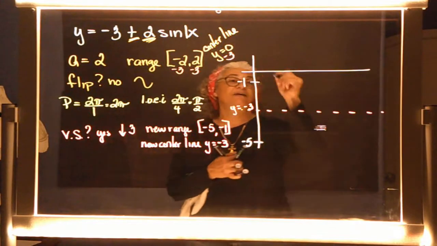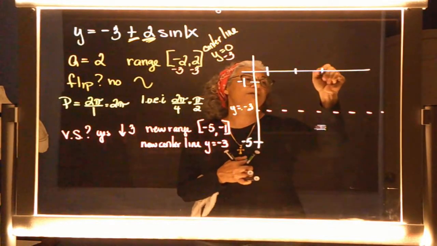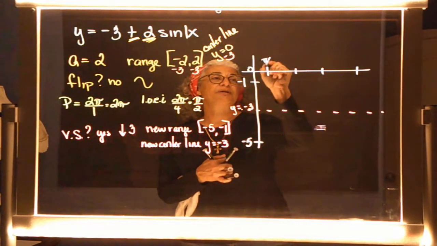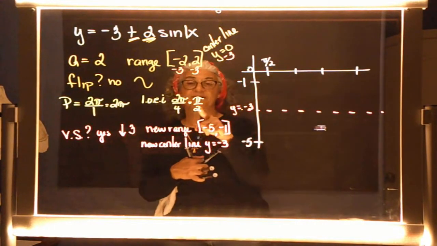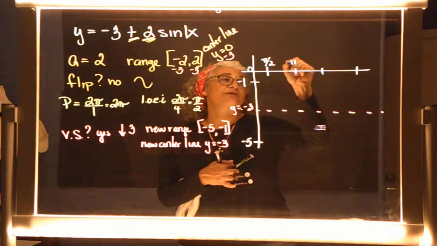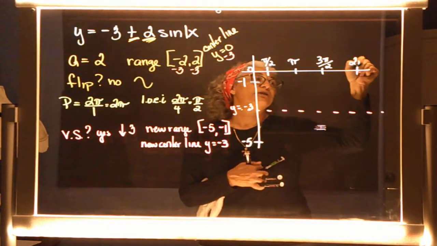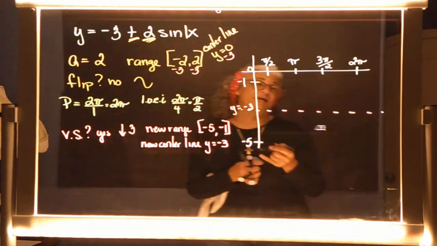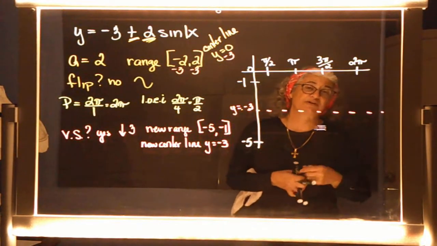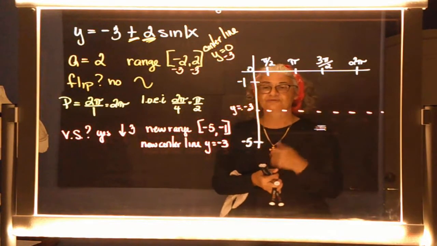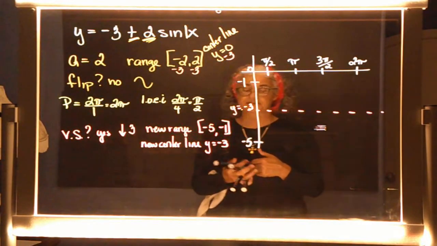I still have the 4 intervals that we work with. We're still starting at 0. I'm going to write these up here. Pi over 2, right? Because that's the length of each interval. So these aren't changing. These are the typical ones because the period was still 2 pi. So that hasn't changed from the original. Okay, so let's see what this graph is going to look like.